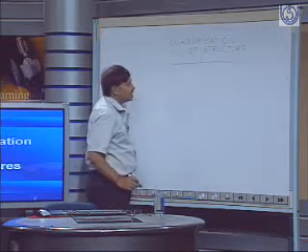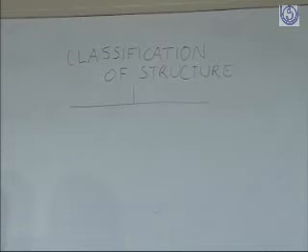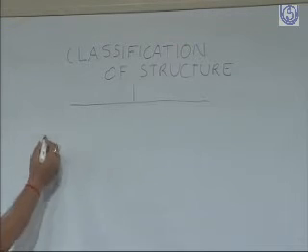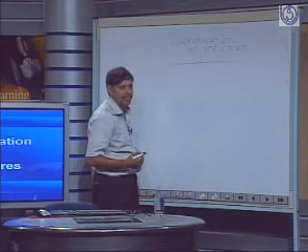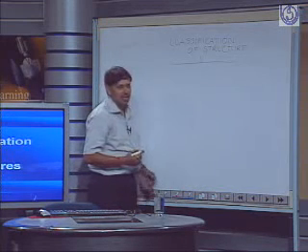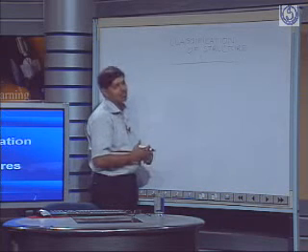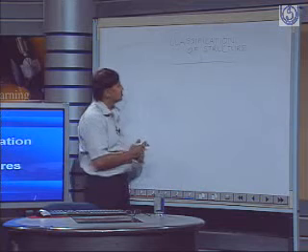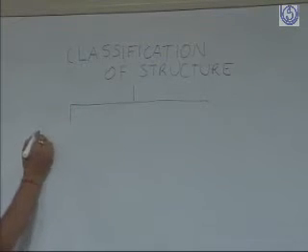Friends, as you know, any classification is done as per our convenience, for whatever purpose we are going to classify any structure. So naturally in civil engineering we have to analyze a structure, so we have to see what assumptions we take, or what type the structure is classified as, so that we can analyze it easily. So mainly there are two types of structure.